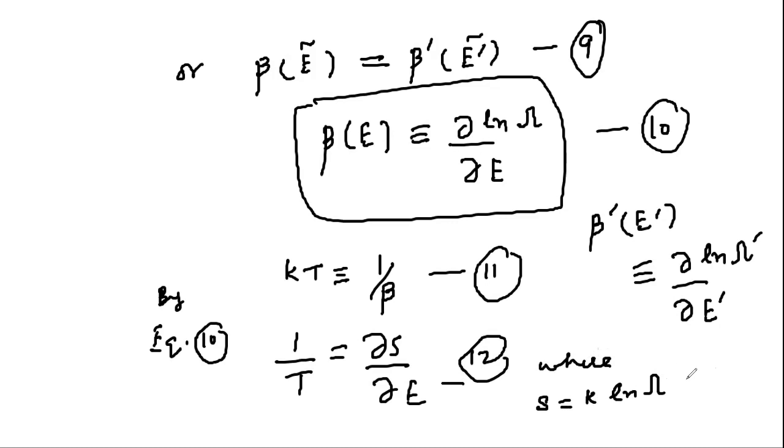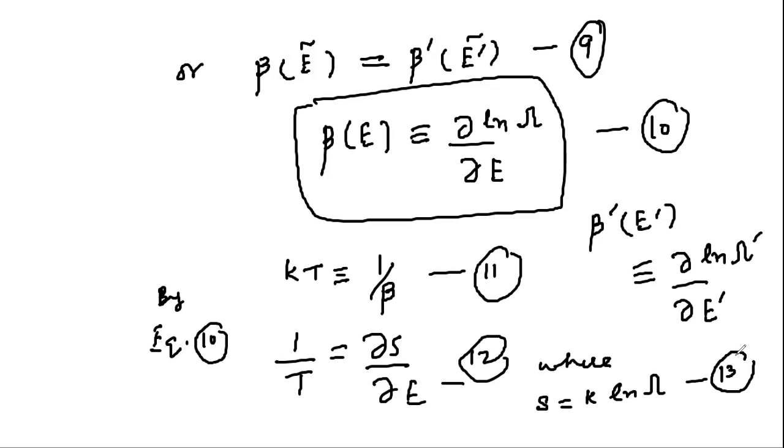Let me name it 13. I'm saying by equation 10, I can write 1 by T as ∂S/∂E, where S is K ln sigma. You can check it.